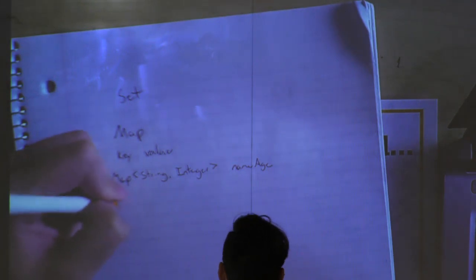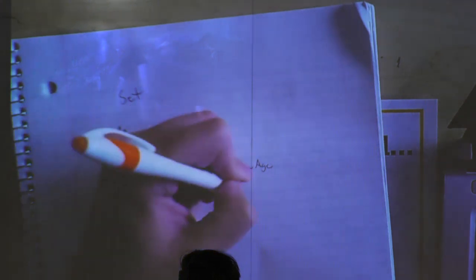And you can use, let's say this is just called name age. Then you could call get and give it a key, and it will return the value associated with that key out. You can also check if a map contains a key at all.